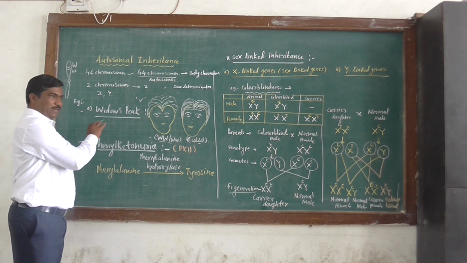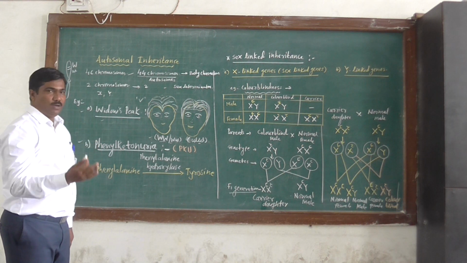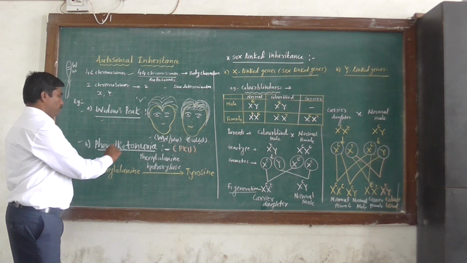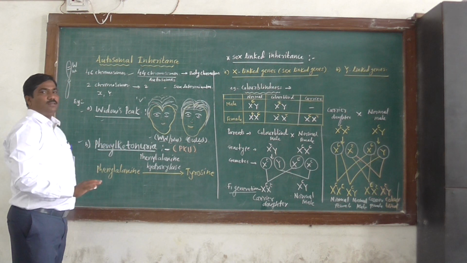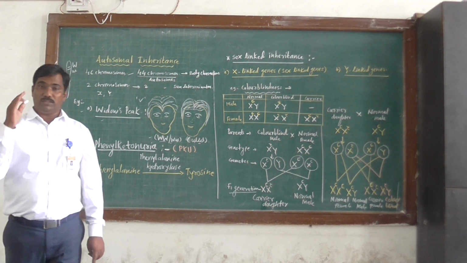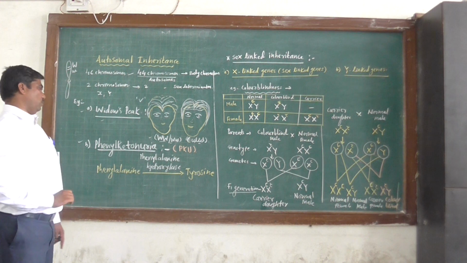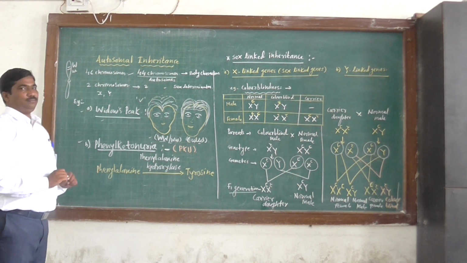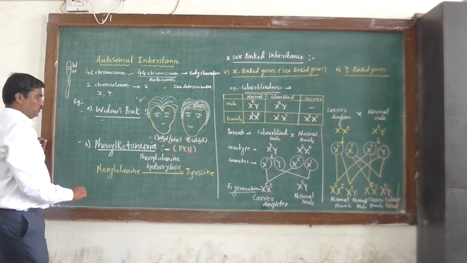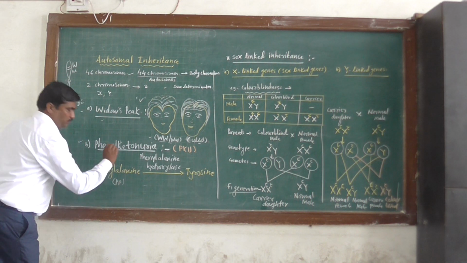Widow's peak occurs due to the autosomal dominant gene, and phenylketonuria is an inborn disorder, known as an inborn autosomal recessive disorder. It is caused by the recessive gene, for example small p gene.